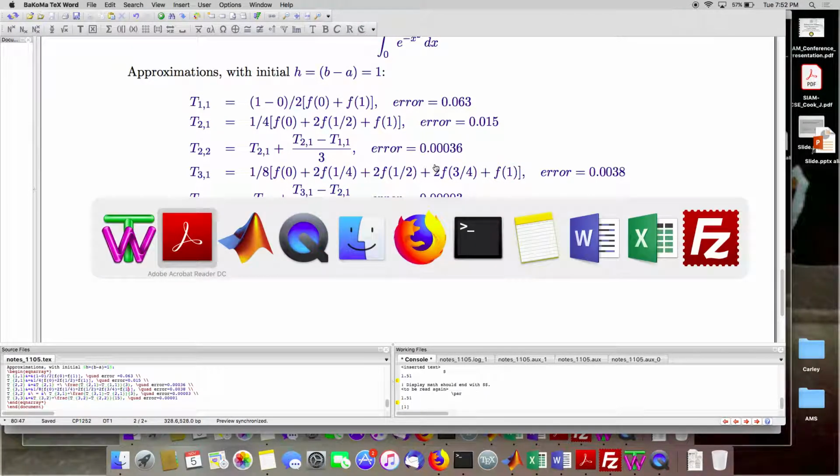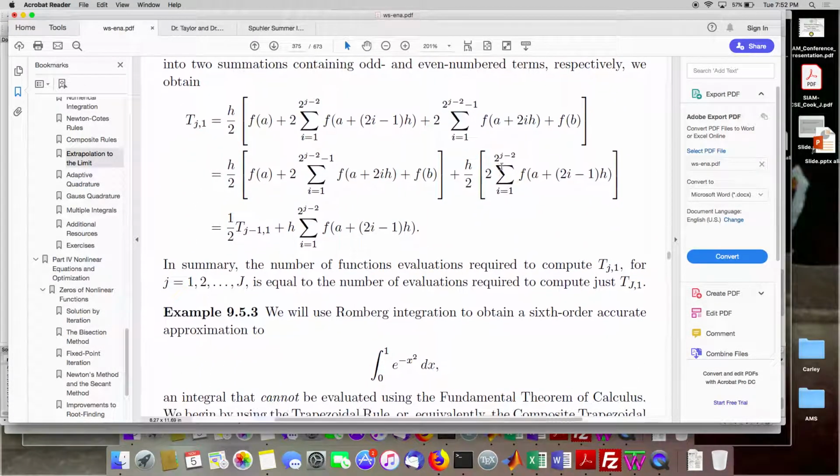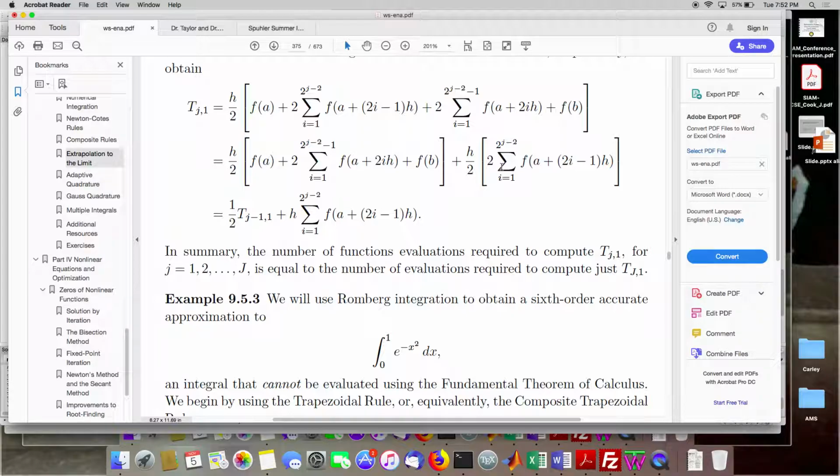And that is not accounted for here. If you do this exactly as written, it's going to be wasteful. It's going to compute those again. But I do have it worked out here. Okay. How you would do this more efficiently. All you have to do, so what's done here is this is your trapezoidal rule approximation, but the sum in the middle is separated between odd numbered points and even numbered points.